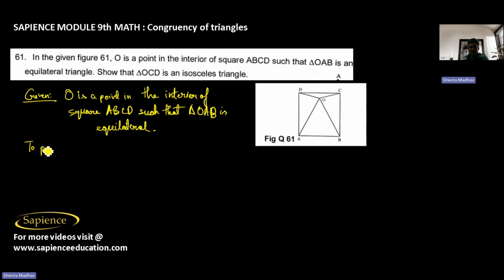We have to prove that triangle OCD is isosceles. So the proof is given as follows.